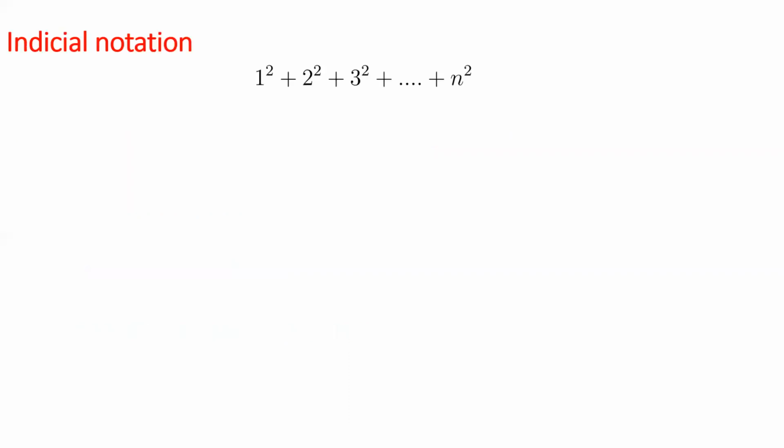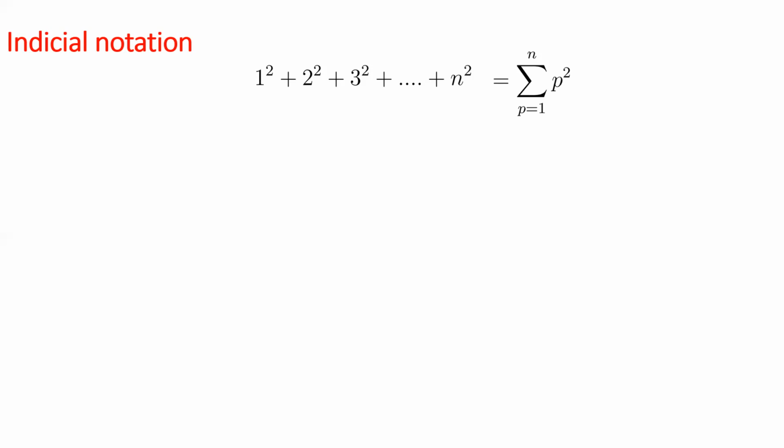Indicial notation is something which you are already familiar with. You have seen the summation of squares of natural integers. One way you write it is sigma p squared, where p varies from 1 to n. And I can replace p with q or r, or for that matter, any variable. So this is the short form notation.